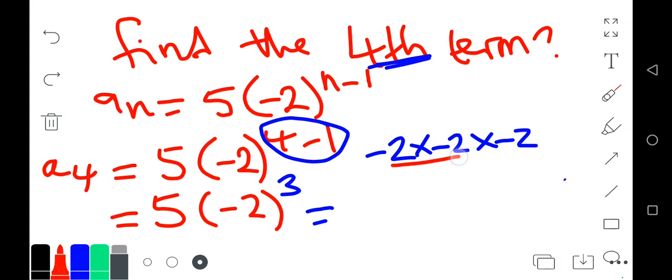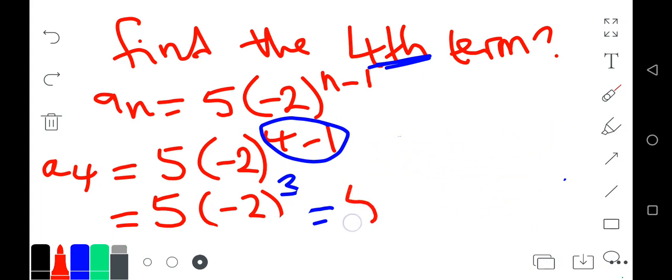This is positive 4, then multiplied by negative 2 gives negative 8.